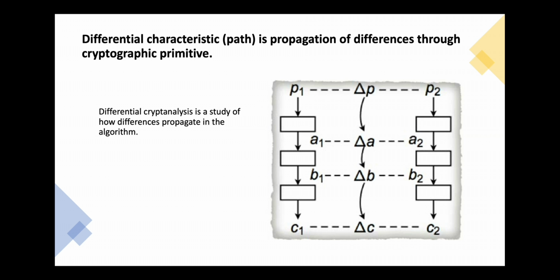So the only difference is here we are trying to find how the difference is propagating, while in linear cryptanalysis we were just simply looking at how a simple plain text is flowing through the cipher.